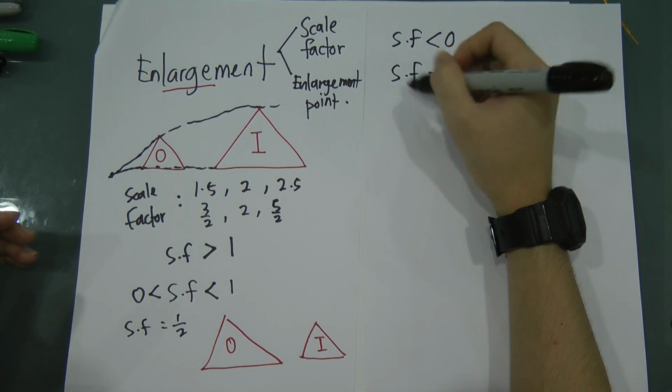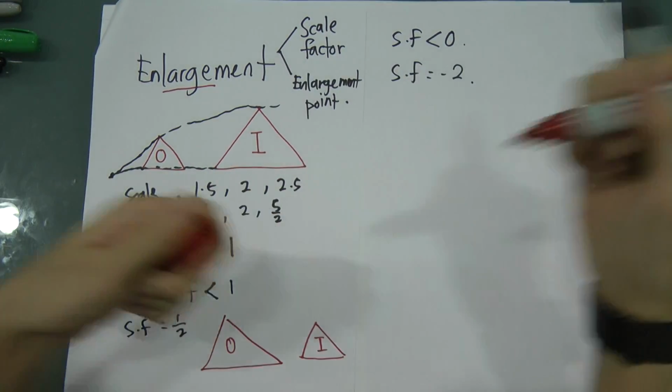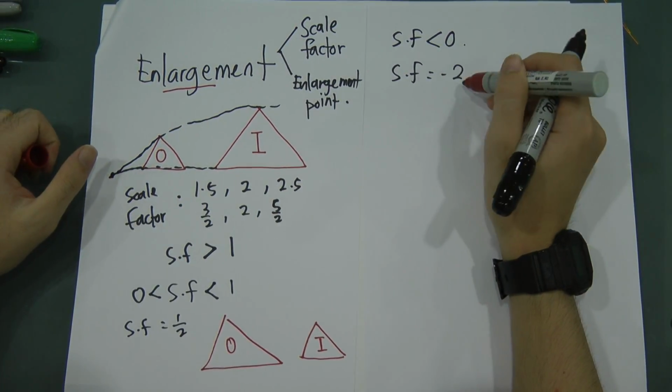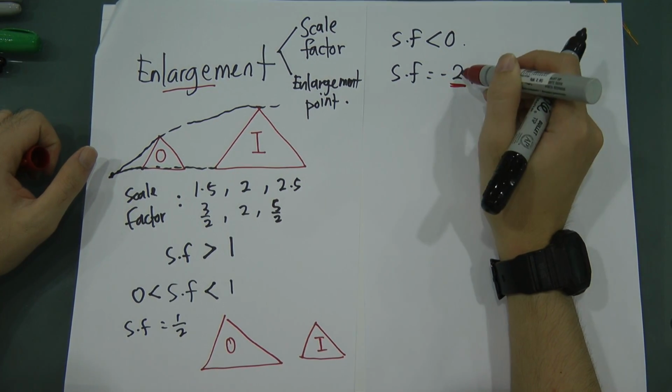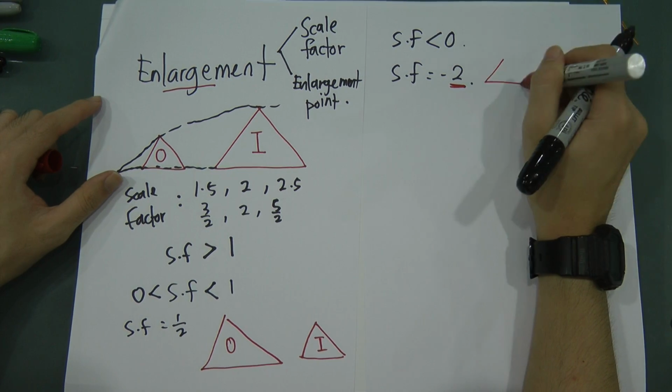For the negative part, I will explain later. But what I want to tell you here is, even though it is negative, it has a 2 over here, which means the image is bigger than the object.